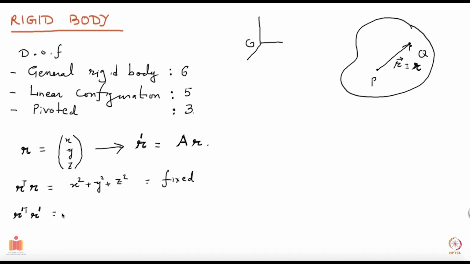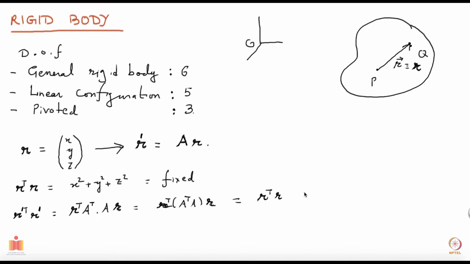Well, R prime transpose is the transpose of this quantity, which is R transpose, then you have A transpose, A is the matrix, and then R prime is A times R. So you get R transpose A transpose, with a bracket around this quantity, A R. And as you know, this has to be equal to R transpose R, because the distances between these 2 points are not going to change with time.